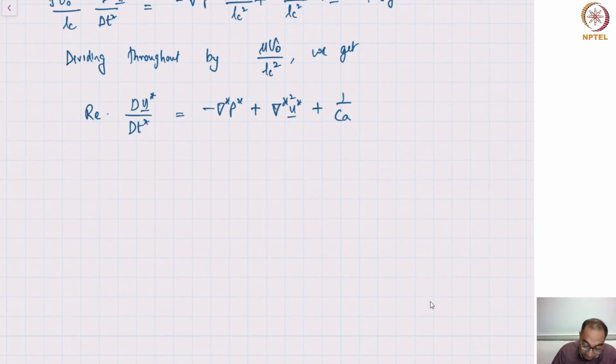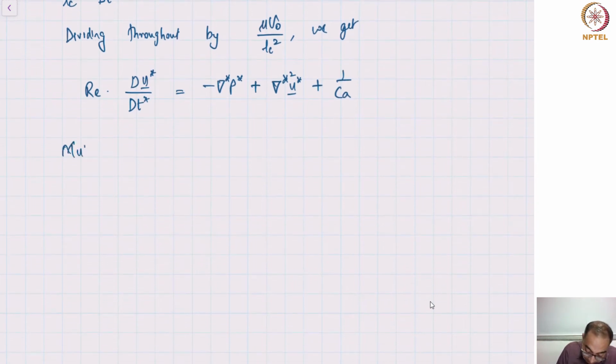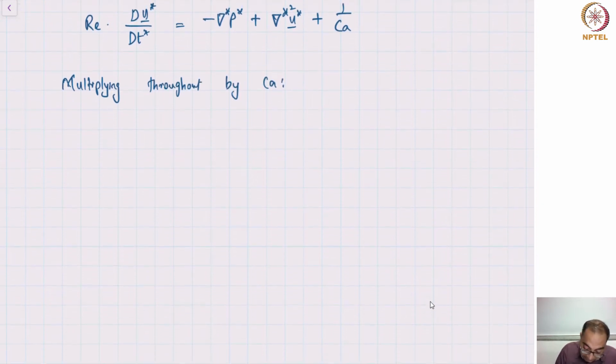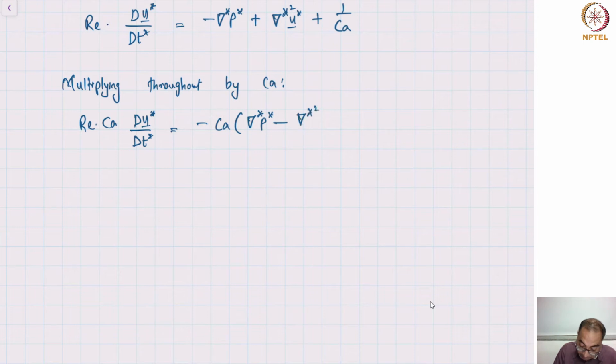Now we can multiply throughout by capillary number. What do we now have is Reynolds times capillary times the inertial term, the viscous term, and finally we have 1.